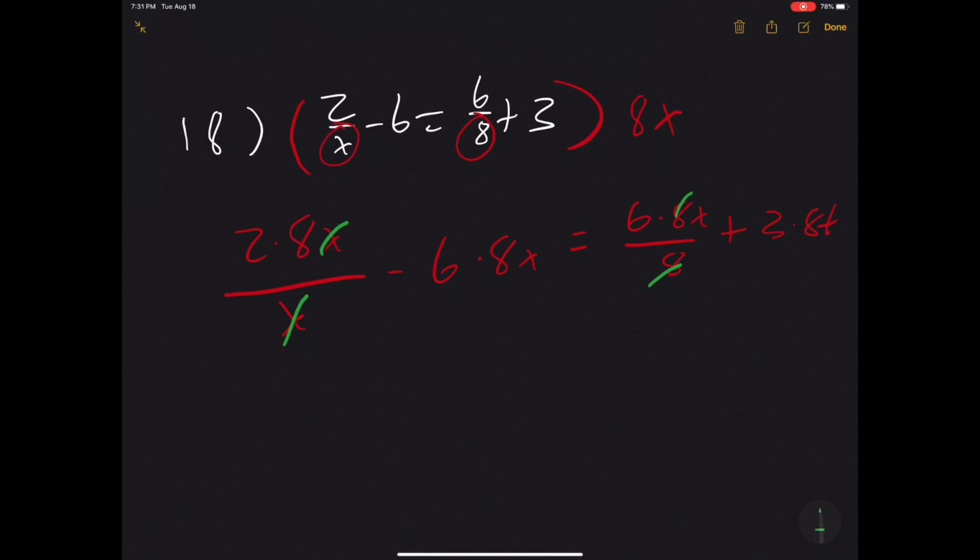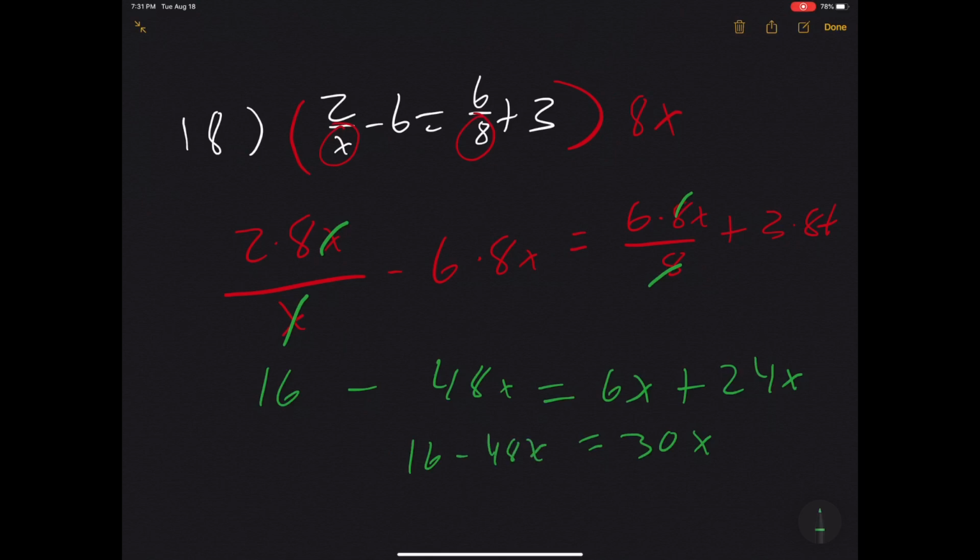What I'm left with is 2 times 8, which is 16, minus 6 times 8, which is 48x, and that's equal to 6x plus 3 times 8x, which is 24x, which gives me 30x over here, which is equal to 16 minus 48x.